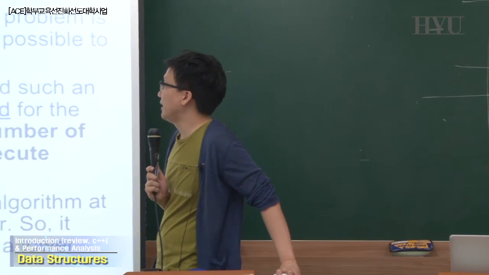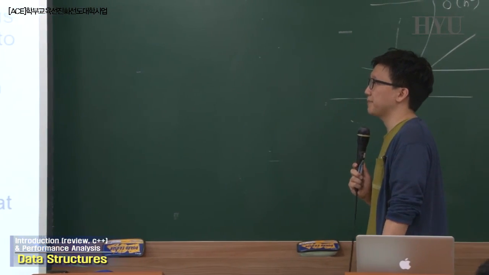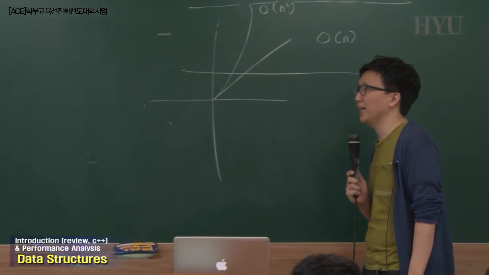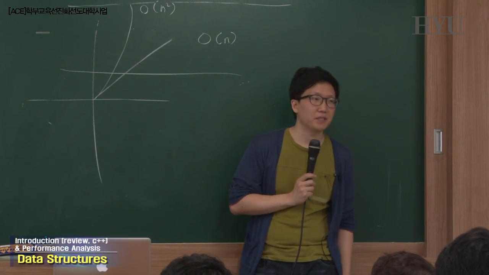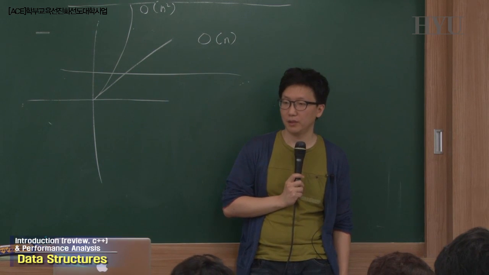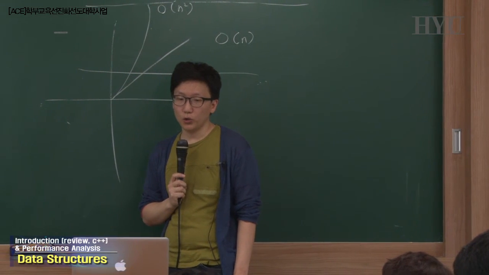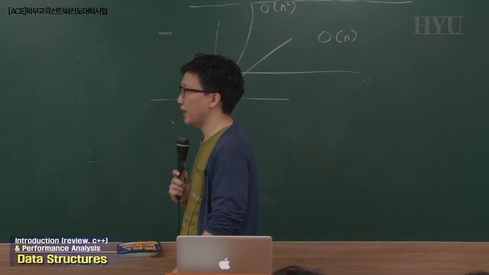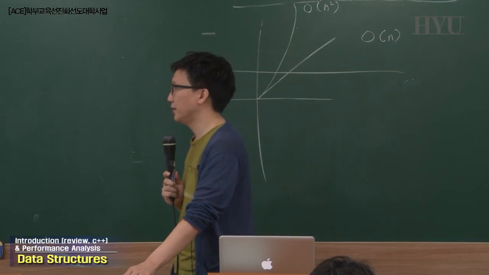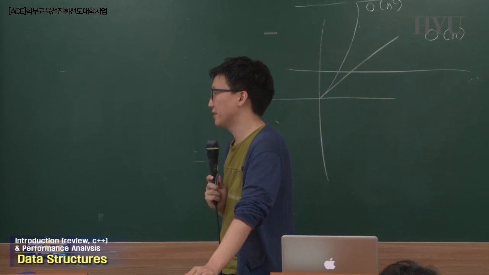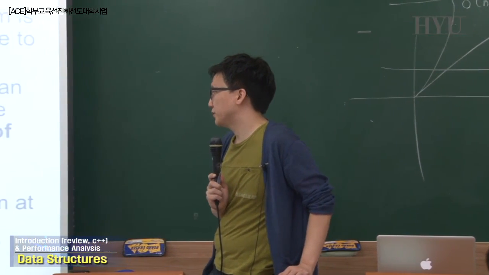In most cases, a lower bound for a problem can be given: a certain number of steps that every algorithm has to execute at least in order to solve the problem. The least steps that you have to do. Example: in order to sort elements, every algorithm at least has to take a look at every number. So it needs at least n steps. Thus n is a lower bound of sorting.